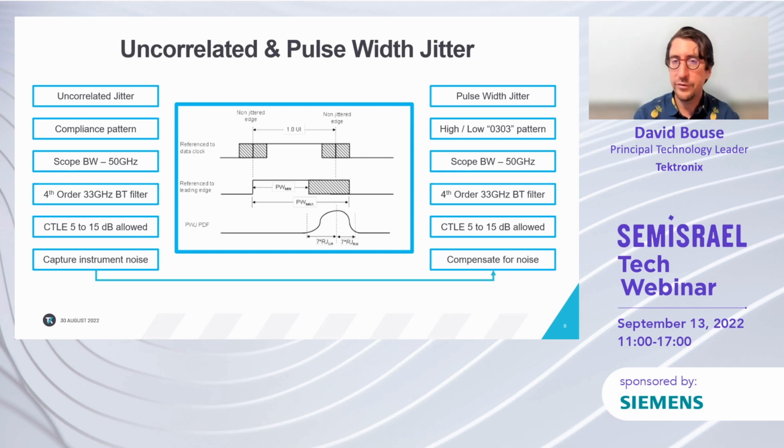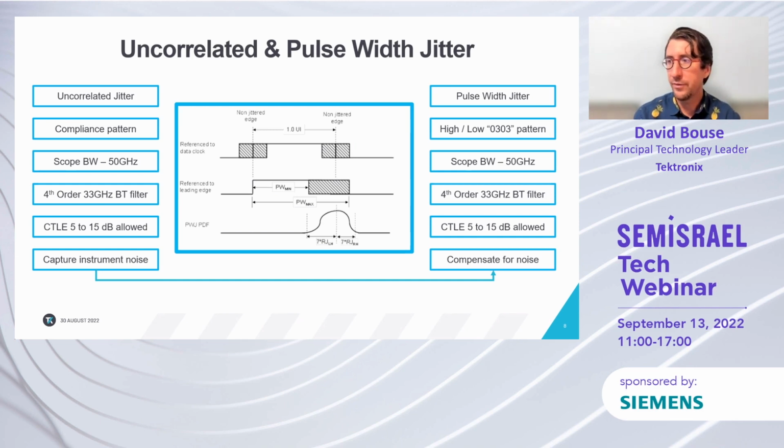We have introduced for the first time a fourth order BT filter that we apply to the waveform before we start running through the algorithm to compute the jitter. And we're allowing, again, CTLE from 5 to 15 dB to remove the impact of that breakout that we saw earlier, as we're getting access to the signals that are on a test chip on an evaluation board and have to be cabled up to a real-time scope.